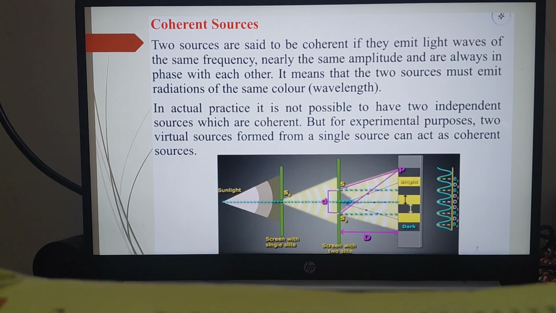We don't need to bother much about single slit and double slit. Now we just have to know what coherence is.